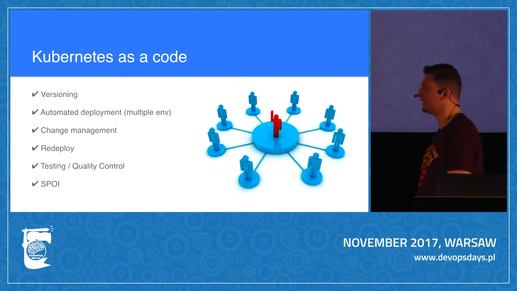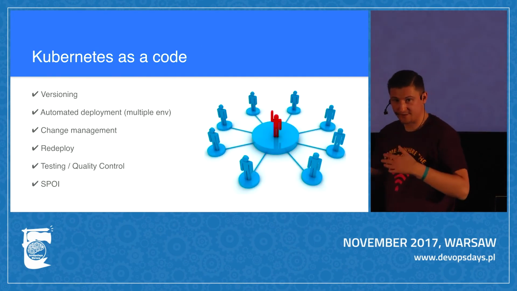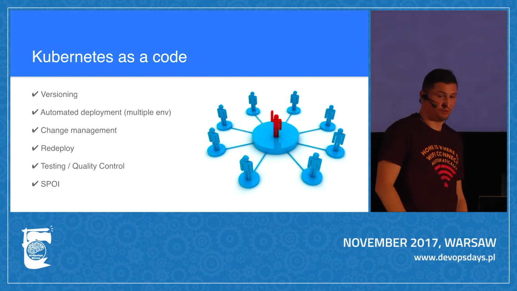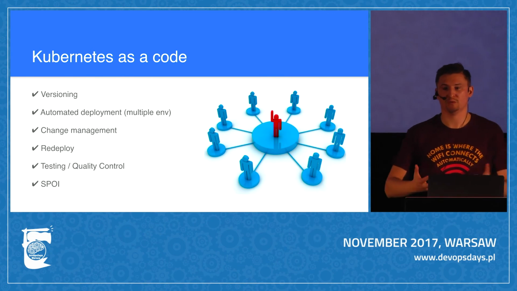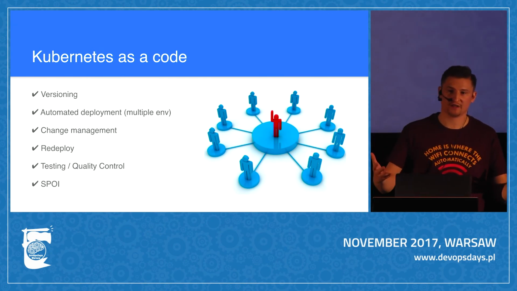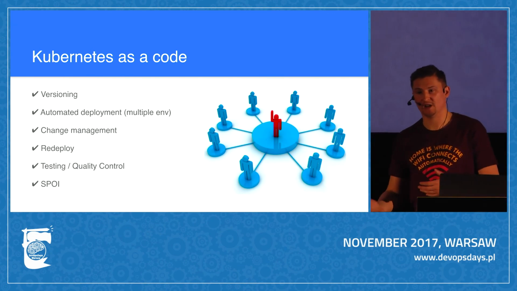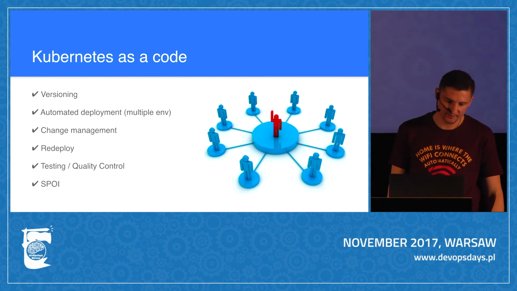To sum up, Kubernetes as code. We've got versioning because we've got this specification of the cluster, either in S3 or in our Git repository.